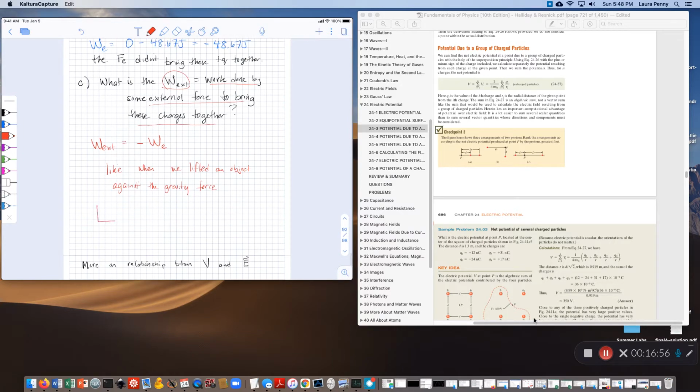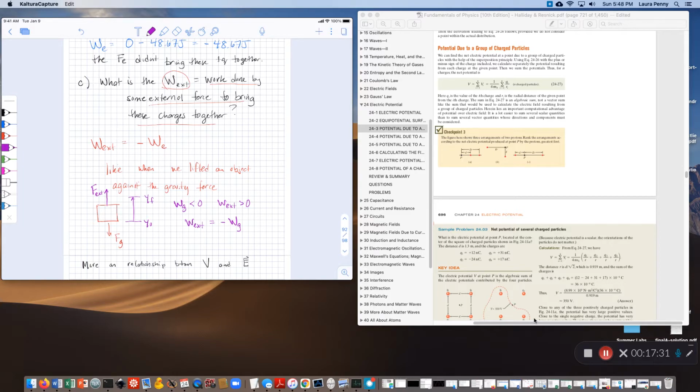Right, if we have some object here and gravity is pulling it down this way, but we have some external force lifting it up, and we lift it from some initial height to some final height, the work done by gravity was negative. The work done by the external force is positive, and the work done by the external force is negative the work done by the gravitational force.